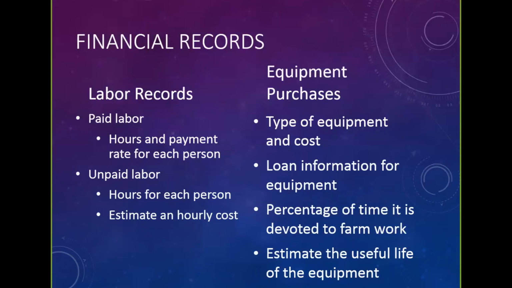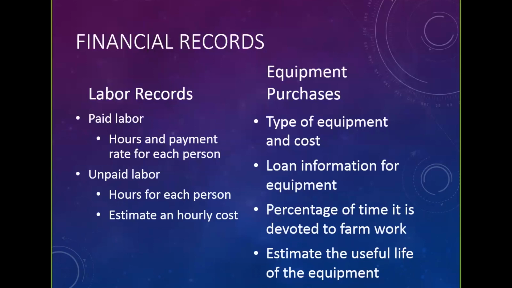If you have equipment purchases, you know what type of equipment it was, the cost, the loan information, and this is another big one when it comes to your taxes: the percentage of time devoted to farm work. So you need to keep a log if you use your pickup truck for work and for personal use.